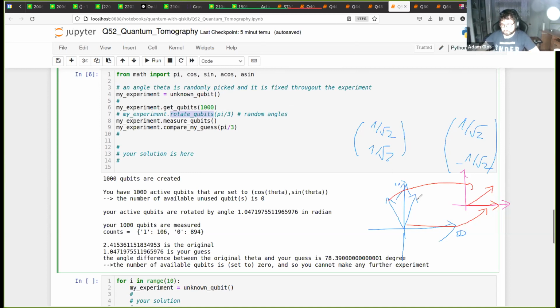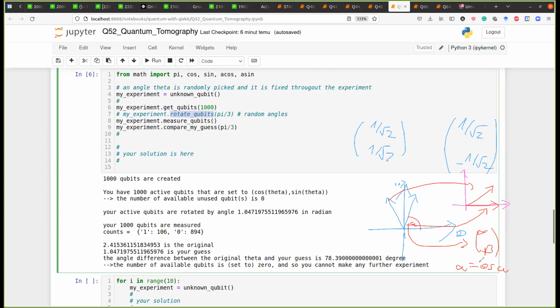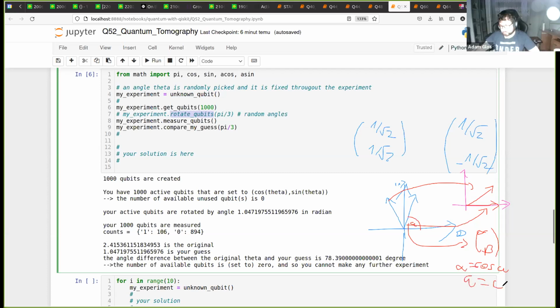What you do is that you just take this alpha, beta, and you know that alpha is cosine of angle A, right? Right. So A is cos inverse of alpha.